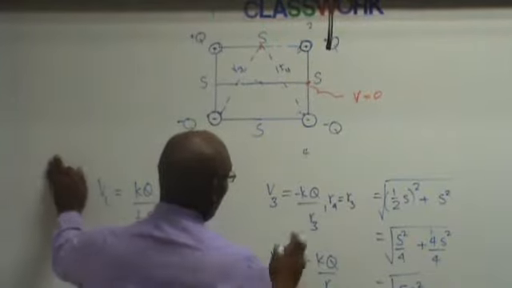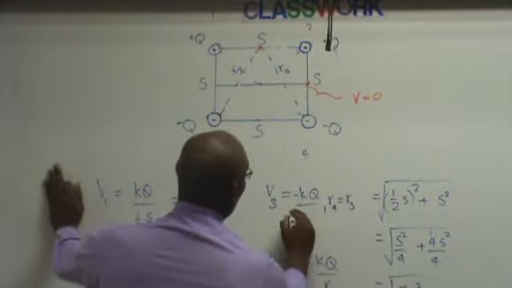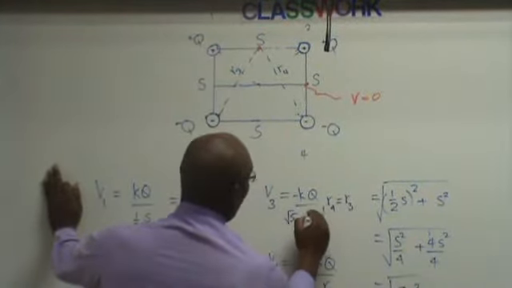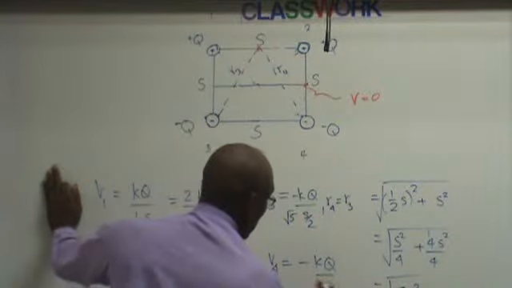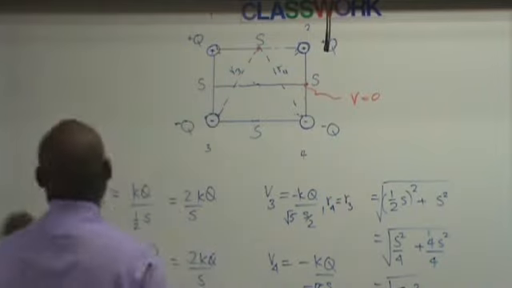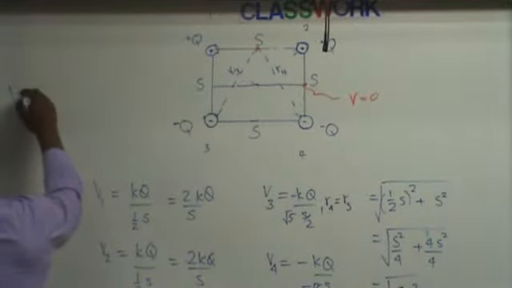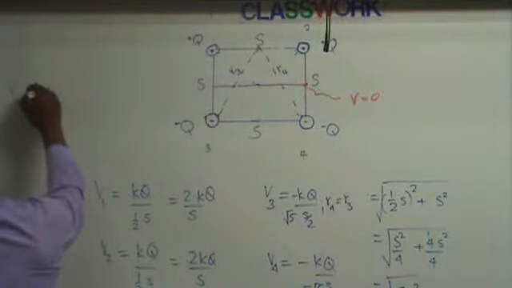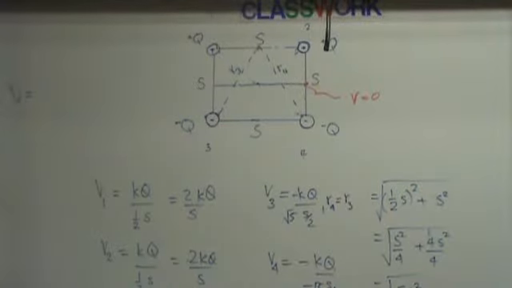All right, so this right here becomes square root of 5 S over 2, square root of 5 S over 2. So now all I got to do is what? What do I have to do now? Just add them up and multiply by Q. You understand?